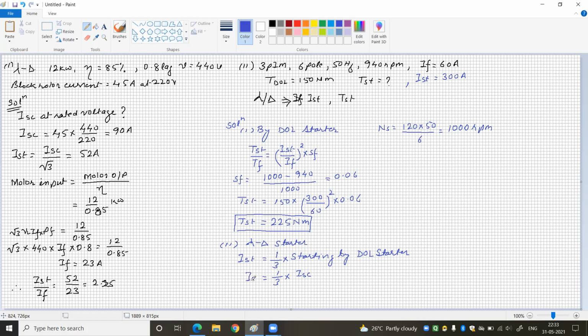So it is I start, which is equal to 1/3 of the starting current when there is no means to reduce it, 300 ampere, which is equal to 100 ampere.